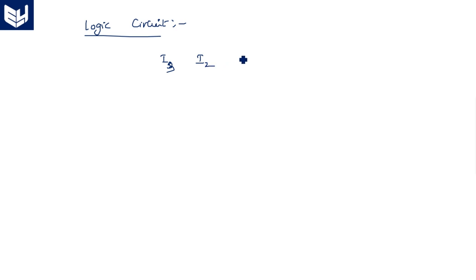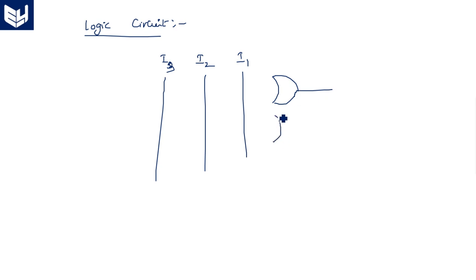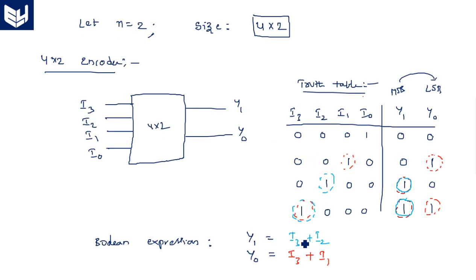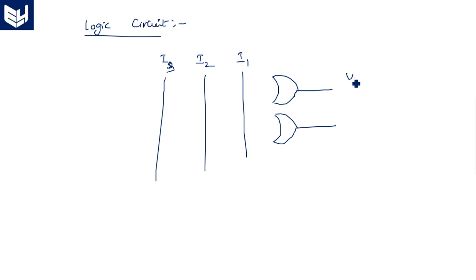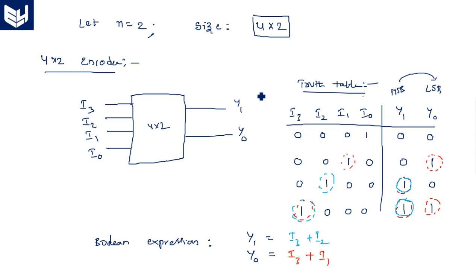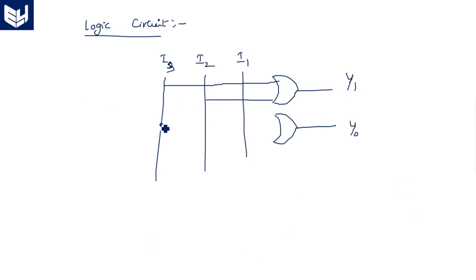We need two OR gates. The first is for Y1, with inputs I3 and I2, and the second is Y0, with inputs I3 and I1.